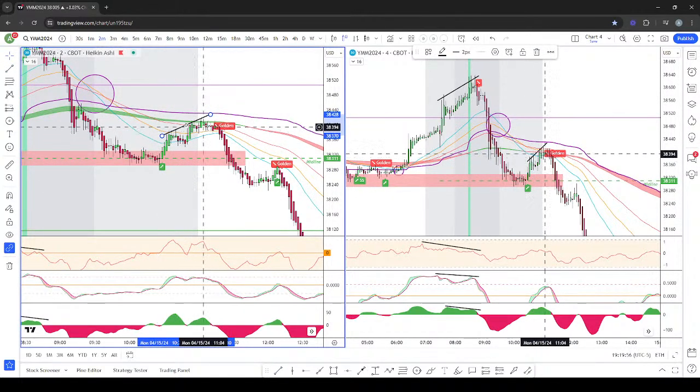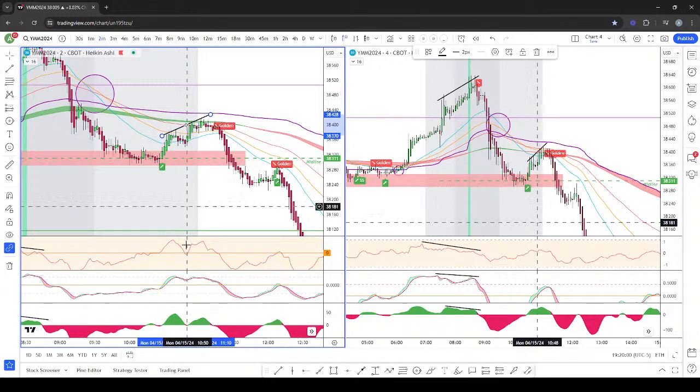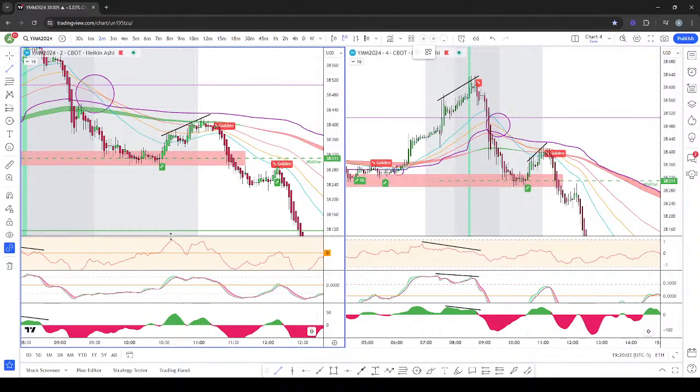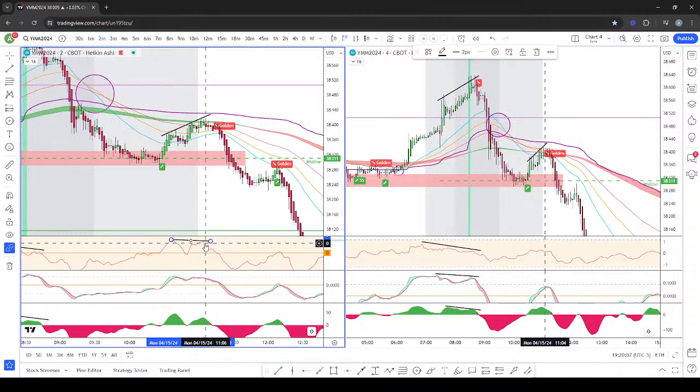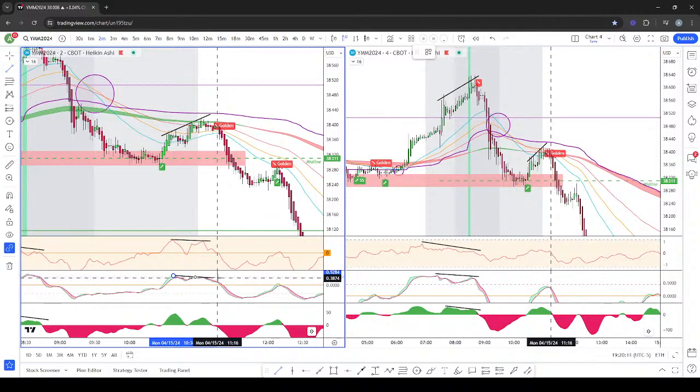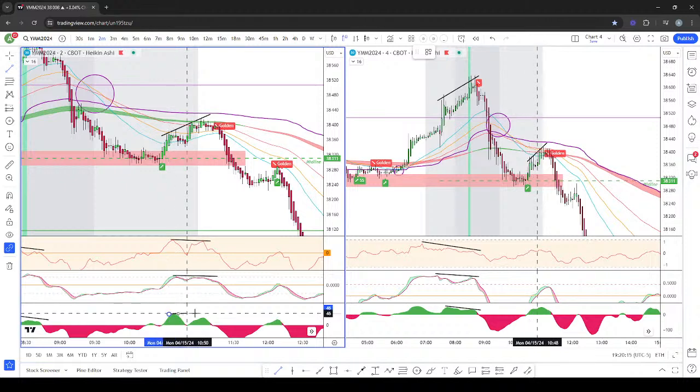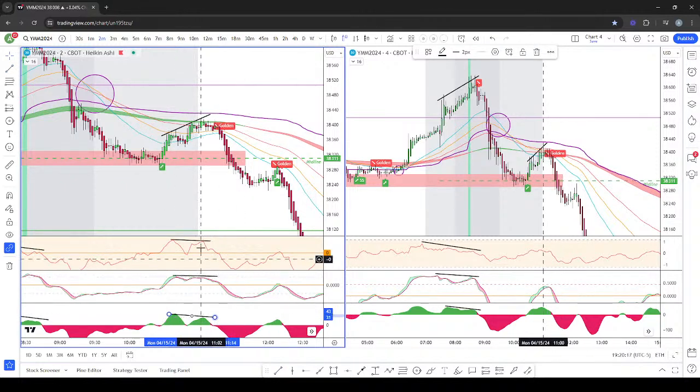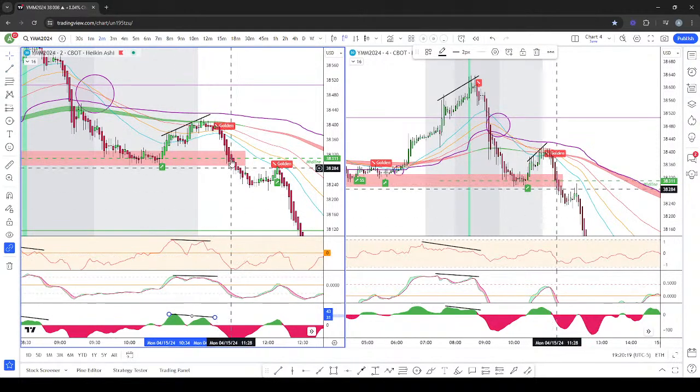From this peak to this peak, price is moving higher up. It's a higher high. And look what's happening here. From this peak to here, it's shifting lower. Same thing with the TSI and also with the TTM squeeze. You can see that it's really nice right in here.